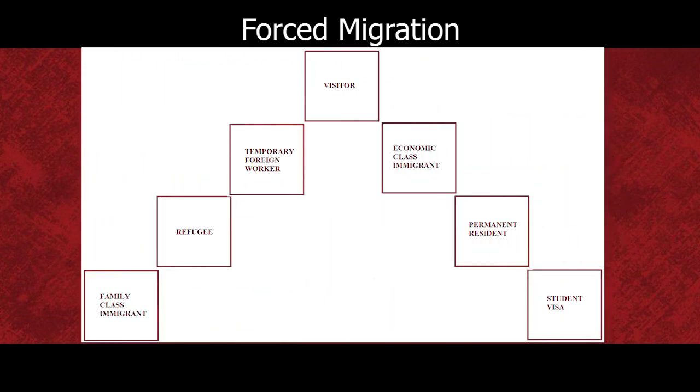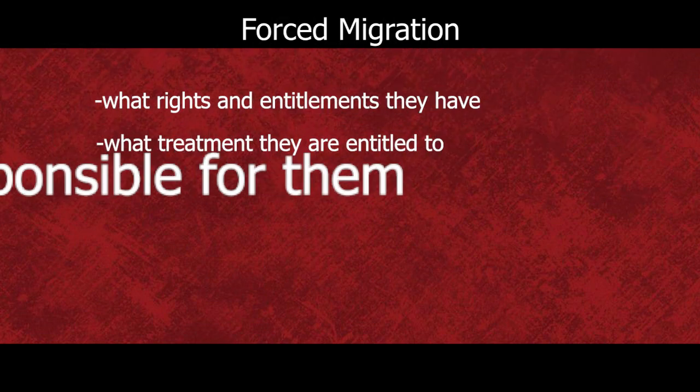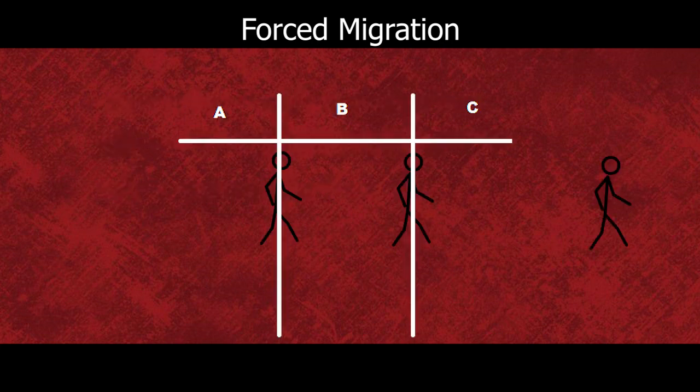Once we know which category a person fits into, we can more easily identify which legal or political regime applies to them, which in turn determines what rights and entitlements they have, what treatment they are entitled to, and who is responsible for them. However, this practice of categorizing can also be very problematic, as not all vulnerable migrants fit into well-established legal categories.